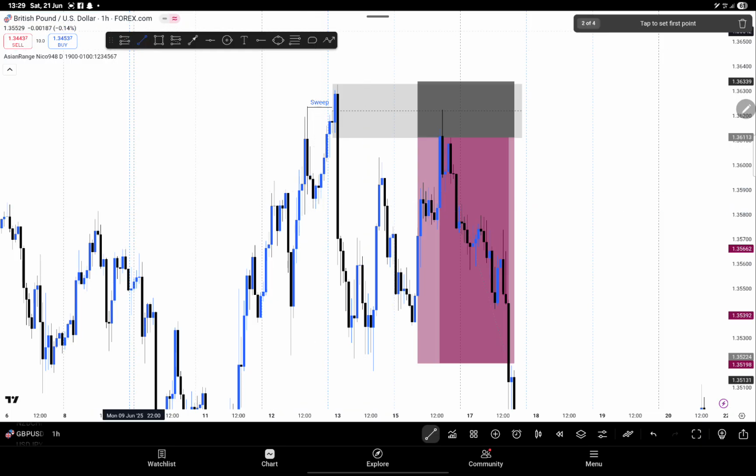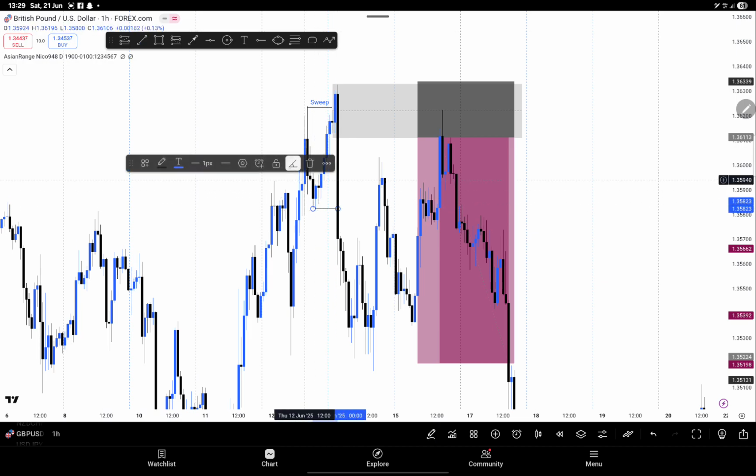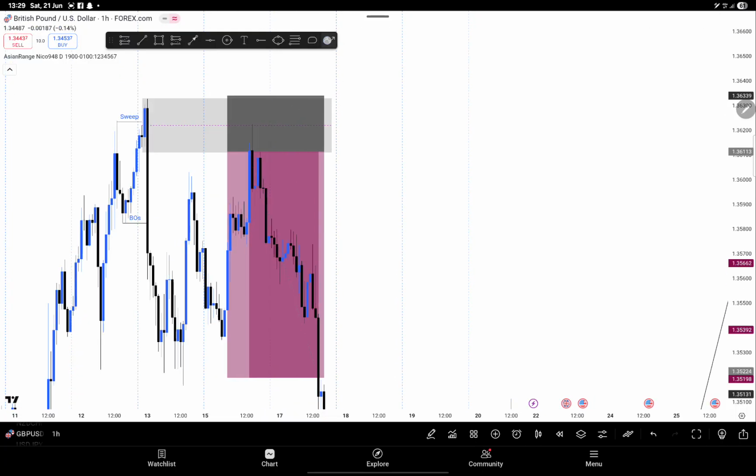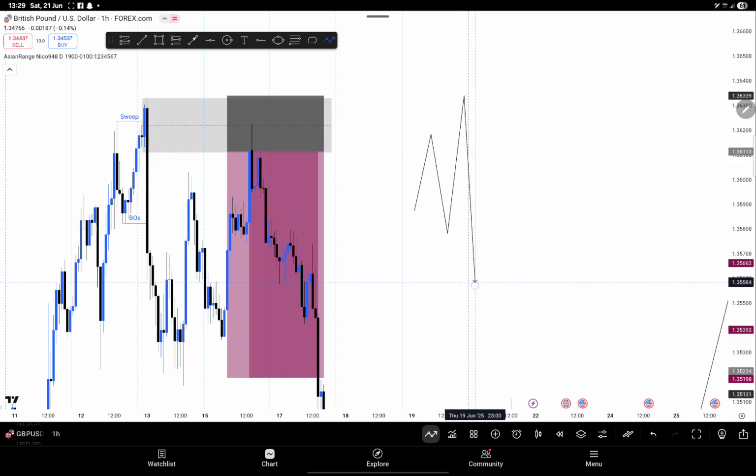If you watch my previous video, I always draw out the pattern for you. This pattern is basically this: a sweep, break of structure, inducement of structural liquidity, then come back to tap.